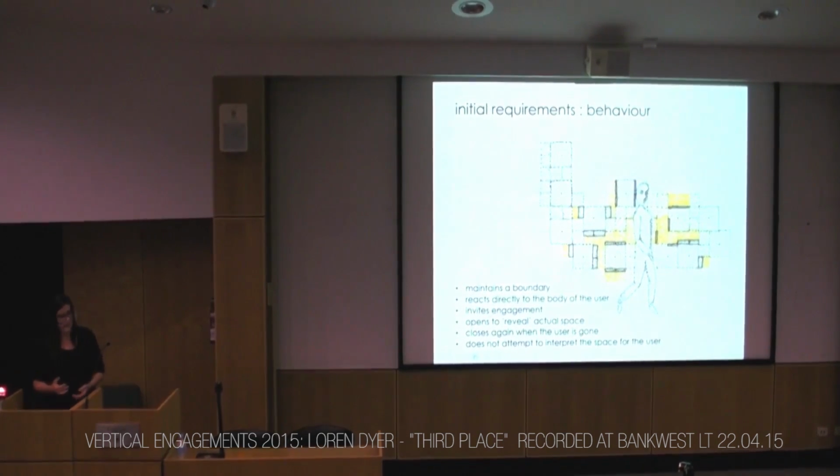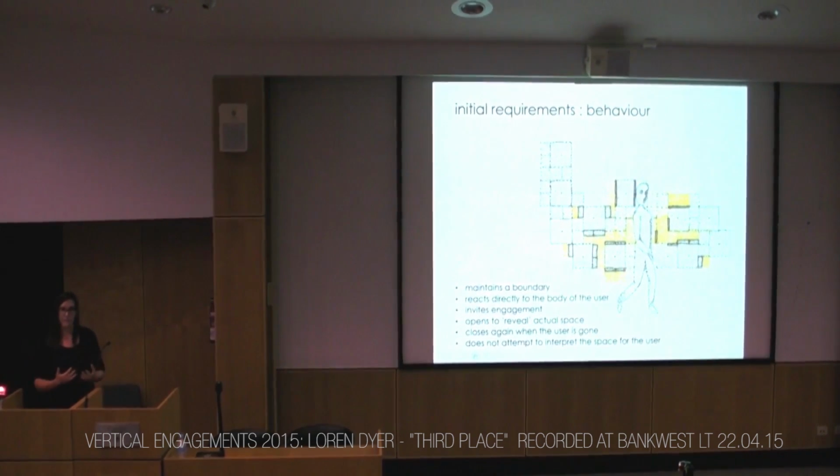But in terms of behaviour, you have a bit of a bigger list. So the screen had to maintain boundary. It had to sort of open and close by itself. It needed to react directly to the body of the user. It needed to invite engagement, it needed to spur people to come and talk to it, essentially. So it had to have an element of reveal about it.